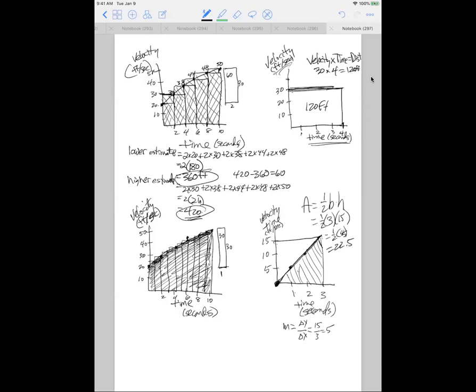So the equation of this line is actually going to be y equals 5t, where t is time. So we've got 5t as the equation that we're doing. If we do the integral of that function between 0 and 3 on our calculator, you'll verify that the answer is 22.5.